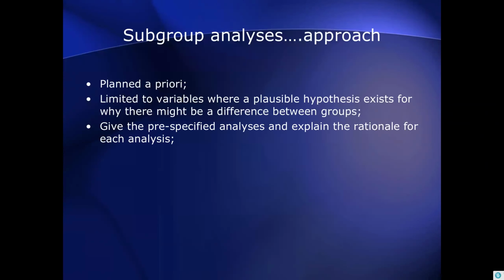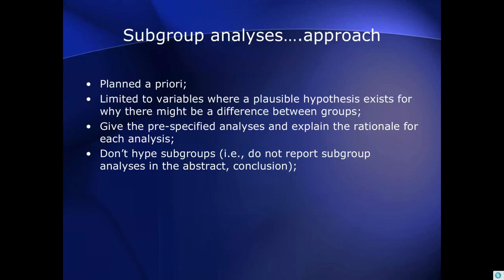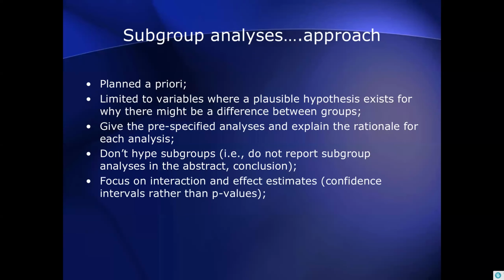We should avoid hyping subgroups. In some groups that I'm involved in, there are principles around not including findings of subgroup analysis in abstracts, conclusions, or plain language summaries. We should focus on interaction and effect estimates and confidence intervals rather than p-values. And we should emphasize overall study results, not focusing on effect estimates or results within subgroups.